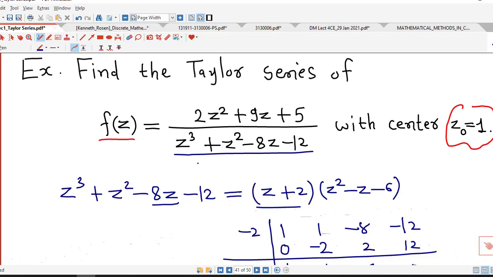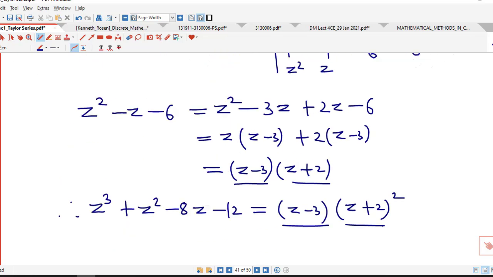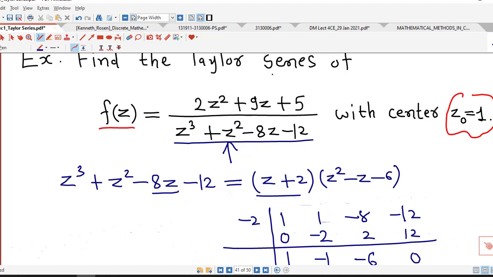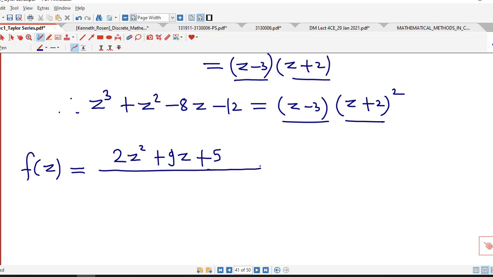Now we find the representation of f of z as a sum of partial fractions. So here first we write down f of z is 2z square plus 9z plus 5 over the denominator, written as a product of these factors.